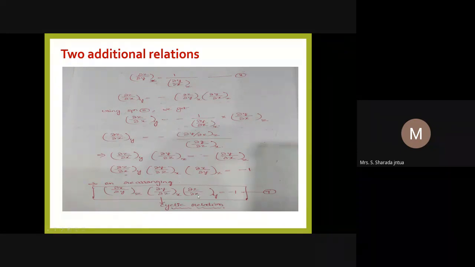It's moving in a cyclic way. ఇలా సైన్స్ ఆర్డర్లో ఇట్లా cyclic గా మూవ్ అవుతుంది. So you can see x by y, then afterwards y by z, then z by x. Again it comes x by y, so it moves like this, okay, cyclic. So that's why it's named as cyclic relation, which is equal to minus 1.